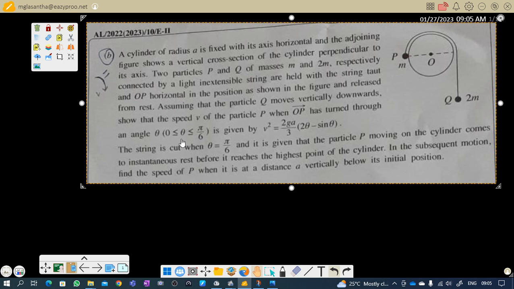So you have to find when v square, the velocity of particle P, is given by this equation. When theta, we have restricted the range of theta from 0 to pi by 6, right? Let's see how you can do this sum.